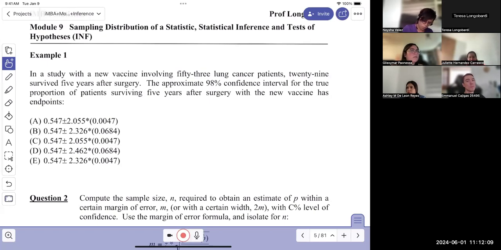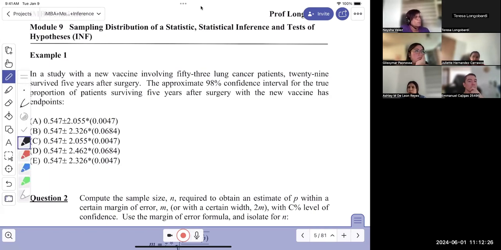Anybody else? What's the sample size? Okay, you see that? So this is the sample size. I agree. 53 is equal to N.